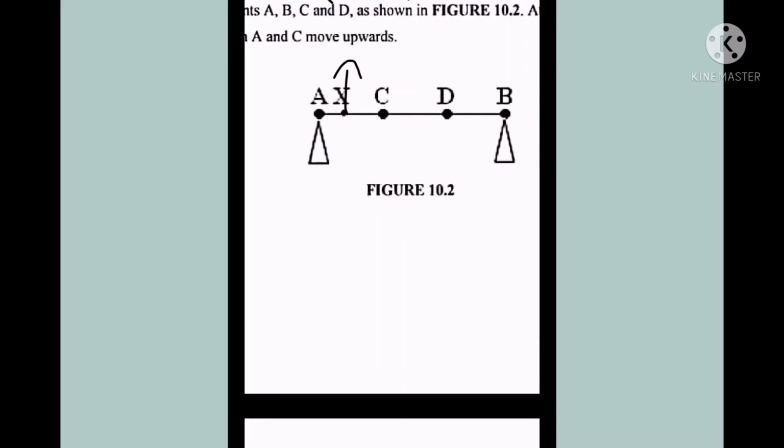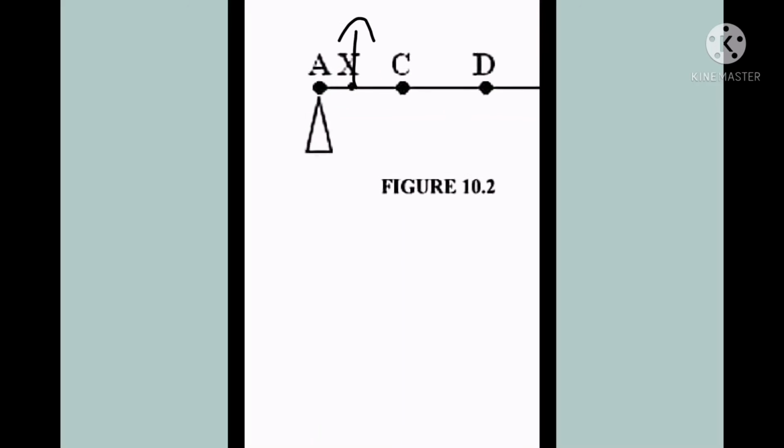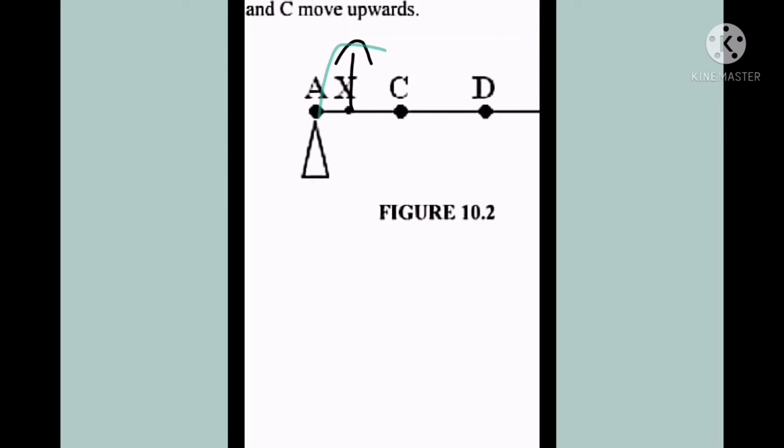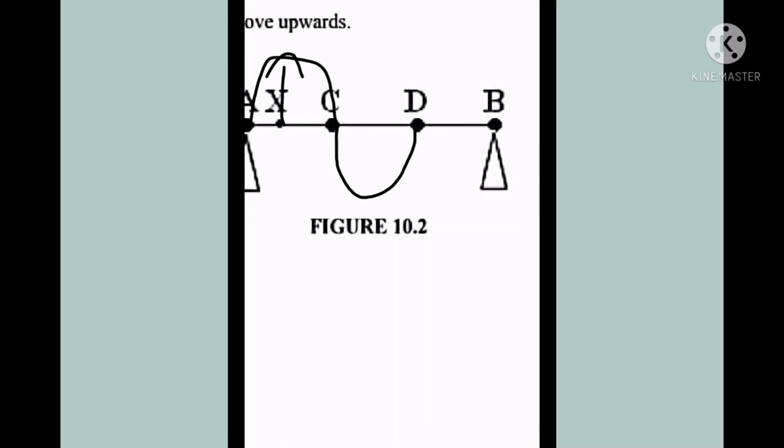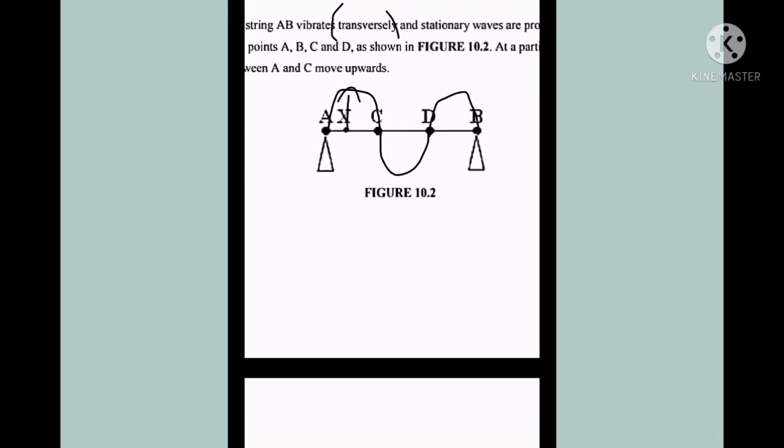So the first one, A to C, goes upwards, so it goes to the top, and then C to D, it will go to the bottom, and then the last one, D to B, goes upwards again. So just like this.